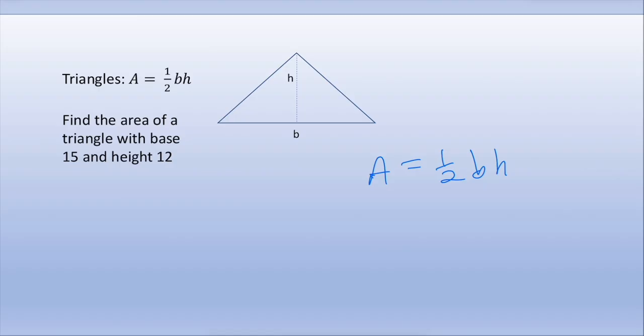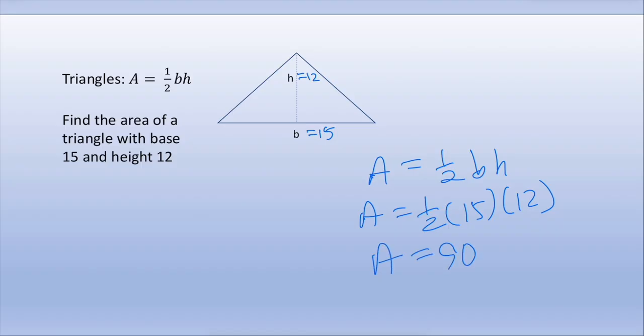The area of a triangle with a base of 15 and a height of 12 would be 1/2 times 15 times 12. Now, multiplication is commutative, so feel free to do it in any order. But if you do 1/2 times 15 times 12, you get that the area is 90 square units. So that is a triangle example.